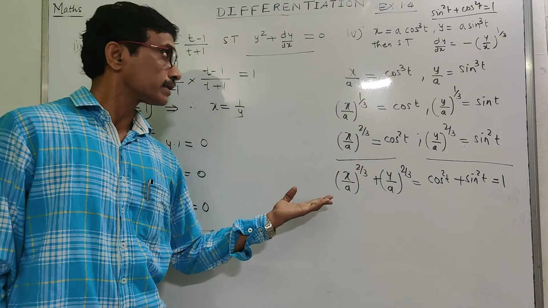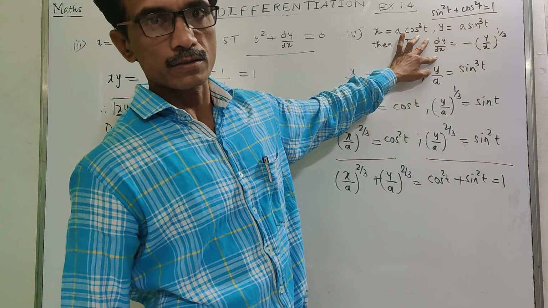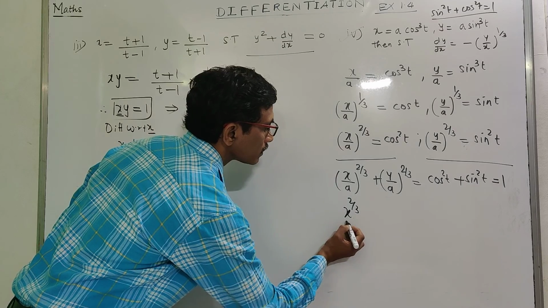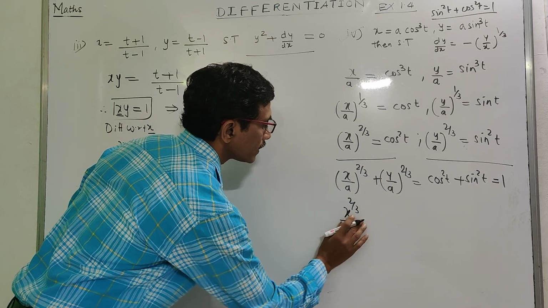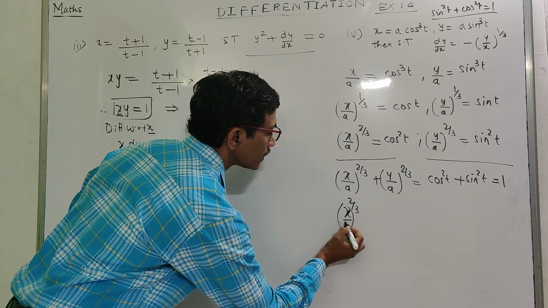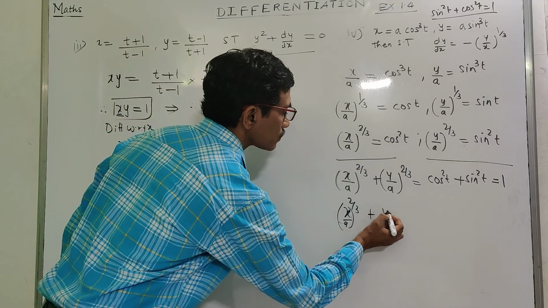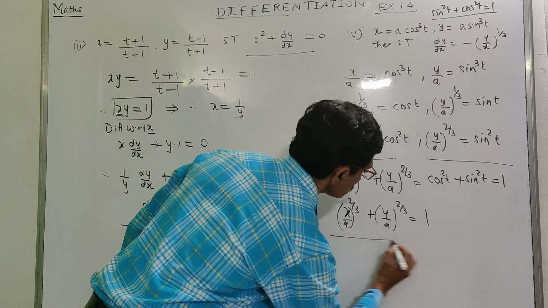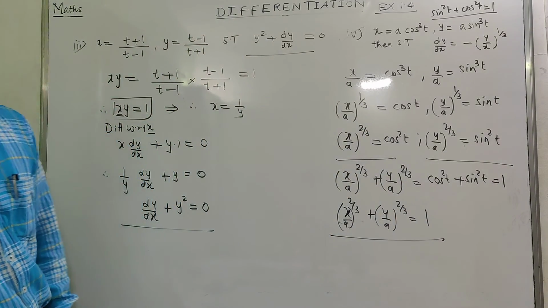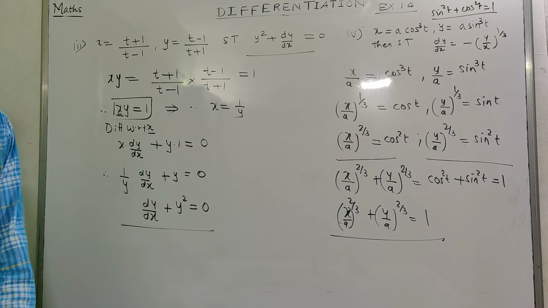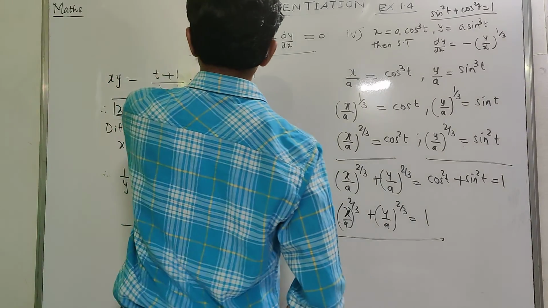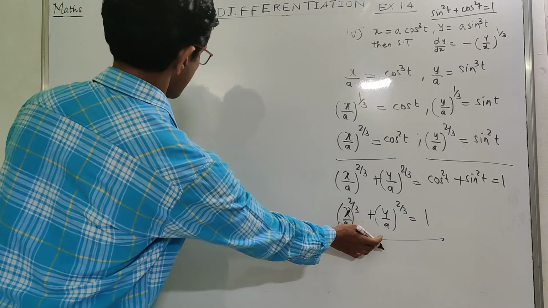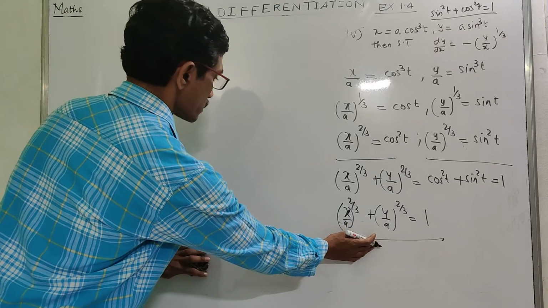After eliminating t, we will differentiate with respect to x. We write x upon a raised to power 2/3 plus y upon a raised to power 2/3 is equal to 1, and we differentiate this expression with respect to x.